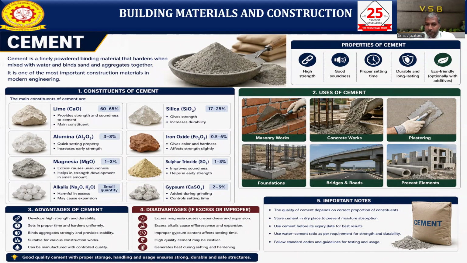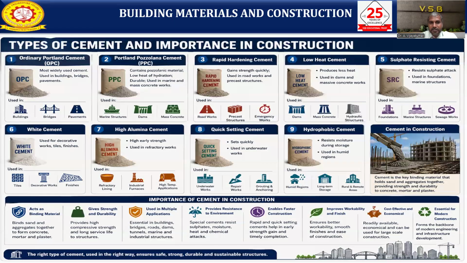When a package is opened, we need to use all of the cement. Use the water cement ratio as required for the strength and durability, and follow the standard codes and guidelines for testing and usage of the cement. So good quality cement with proper storage, handling and usage ensures a strong, durable and safe structure.